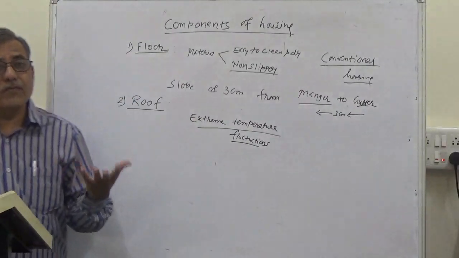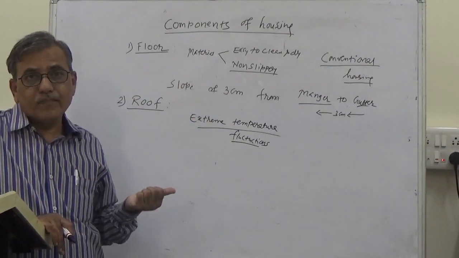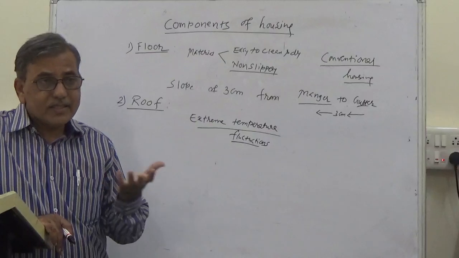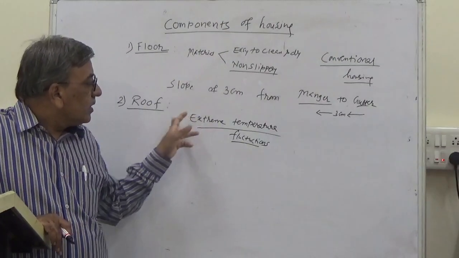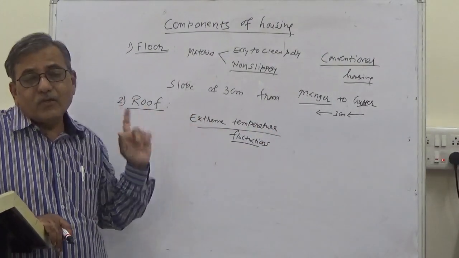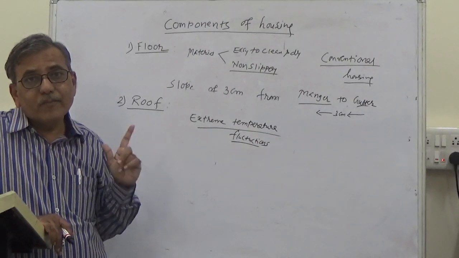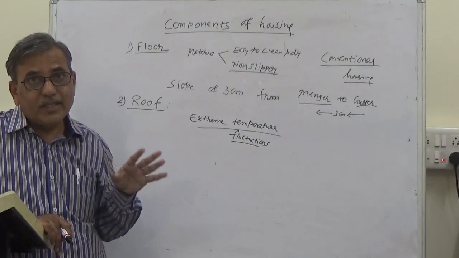Extreme temperature fluctuations inside the house should be adjusted or should be taken care of. This point should be taken into consideration while constructing the roof of a dairy farm.